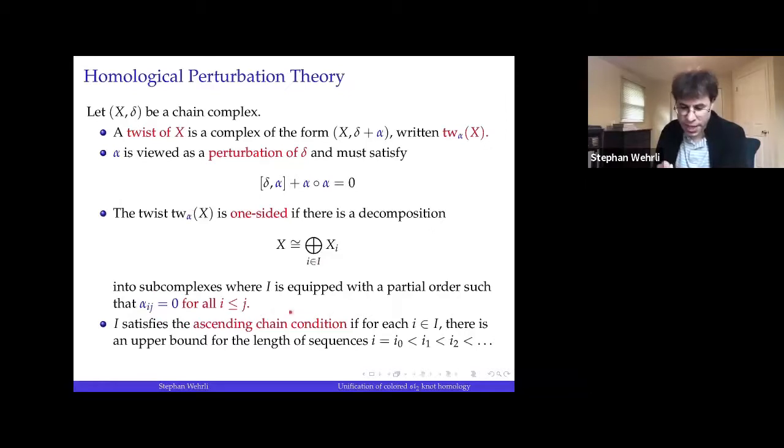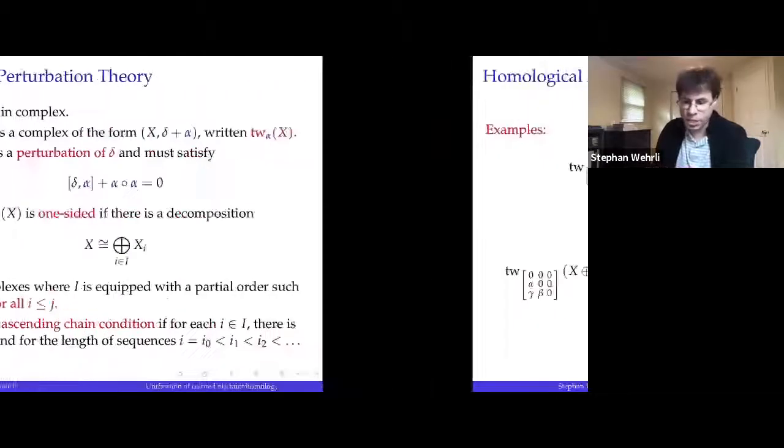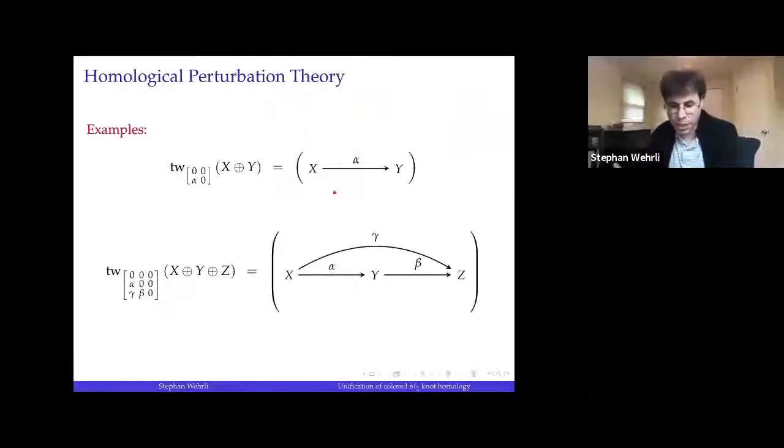We also say that the index set satisfies the ascending chain condition if we can't have arbitrarily long ascending chains. More precisely, if we start at any i in the index set, then there's an upper bound for the length of an ascending chain starting at that i. So let me do some examples. These would be examples of one-sided twists.